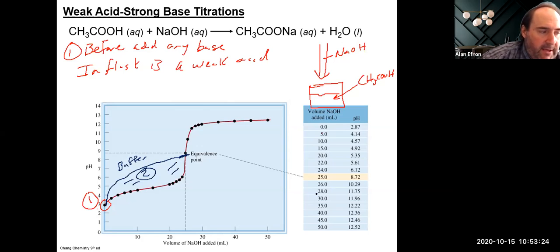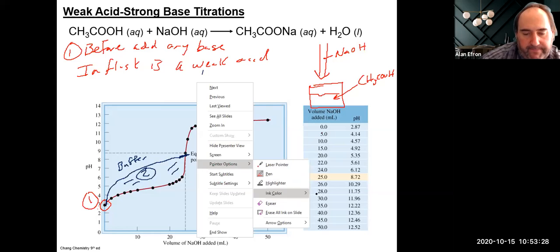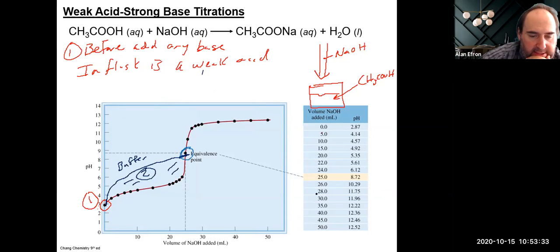All right, so let's talk about what happens when we do reach the equivalence point. Right there at that circle is the equivalence point. We'll call it number 3. So let's see what happens when we do get to that equivalence point.